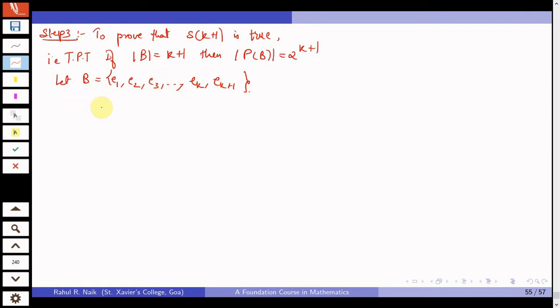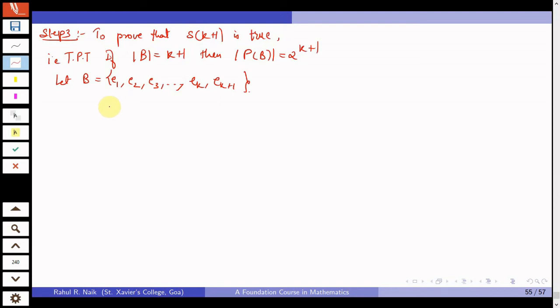So what I will do is that I will split this. Step 2 basically says that given any set containing k elements, its power set will contain 2 raised to k elements.